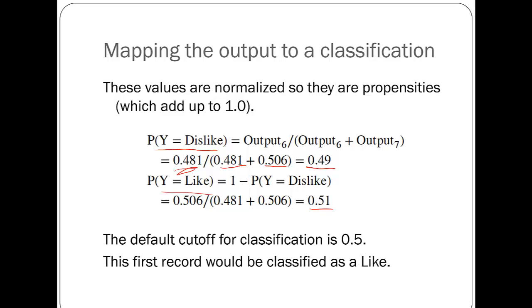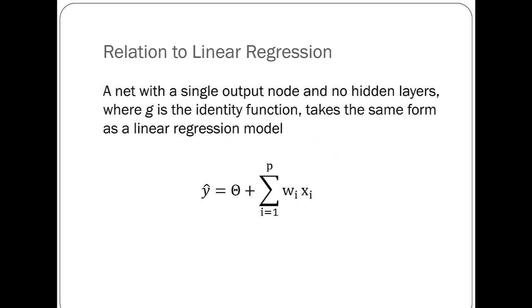In fact, if we have our function g just be the identity function, then this is actually the same thing as linear regression, where we would have just a single node and no hidden layers. We could do the same with logistic regression, because, remember, logistic regression just says take this function and apply the logistic function to it.